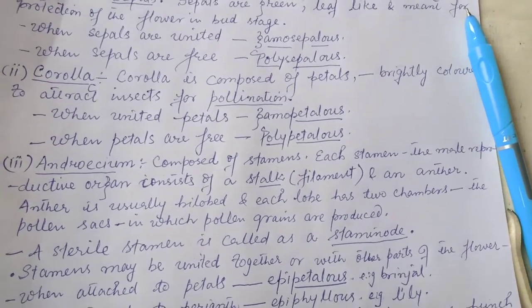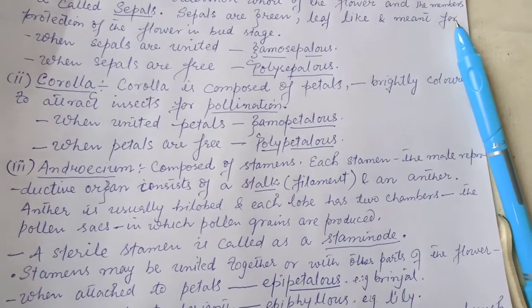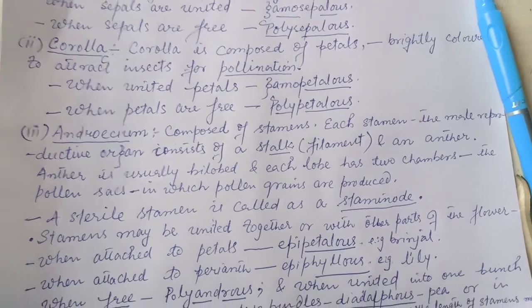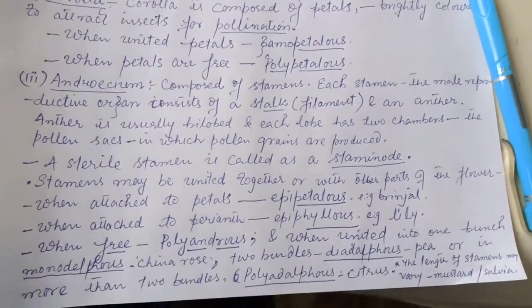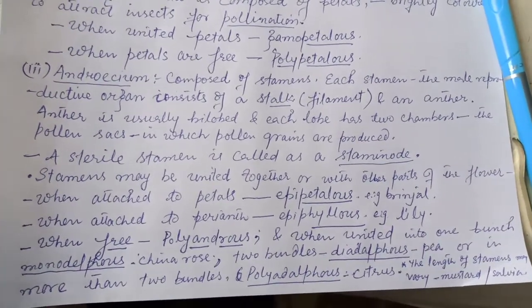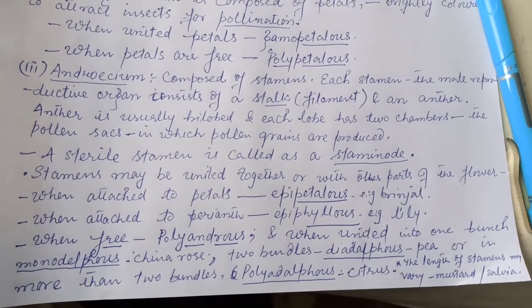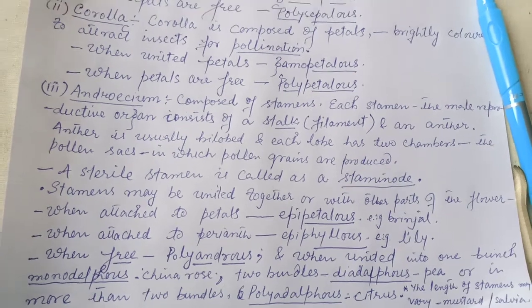This anther is usually bilobed, and each lobe has two chambers, the pollen sacs in which pollen grains are produced. A sterile stamen is called a staminode. You must be knowing that there are plants which produce flowers, but the flower in general is not capable of producing seeds, and here the stamen is termed as a staminode.